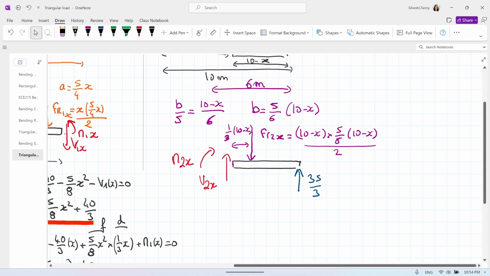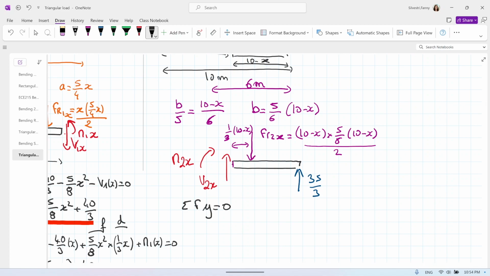I think we have everything. So now we can do our sum of the forces on y equals 0. We have V2 of x minus FR2x. So let's simplify this. It's 5/12 times (10 minus x) squared. You don't need to develop that. Keep it 10 minus x. It's really making more sense to keep 10 minus x. And plus 35/3 equals 0.